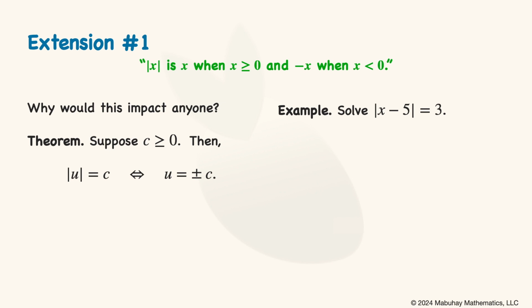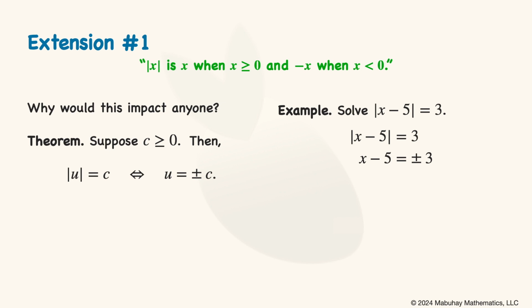Here's an example. The absolute value of x minus 5 equals 3. So here's our equation. First step is to remove the absolute value around x minus 5. Basically, we're thinking of x minus 5 like u in the theorem. If we remove the absolute value, we have to put a plus minus on the other side of the equation.